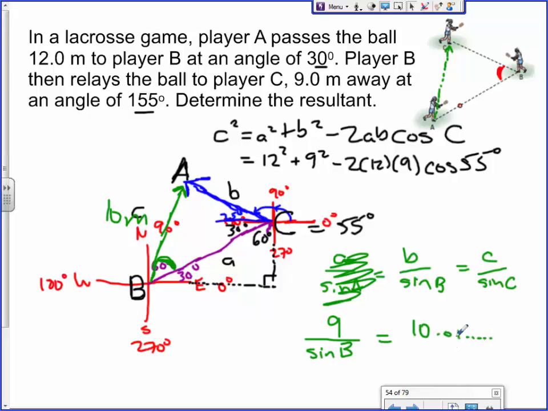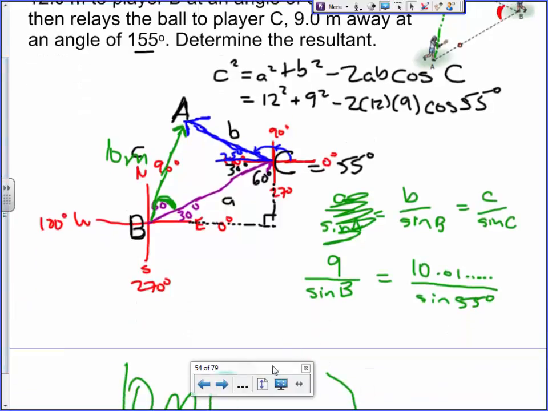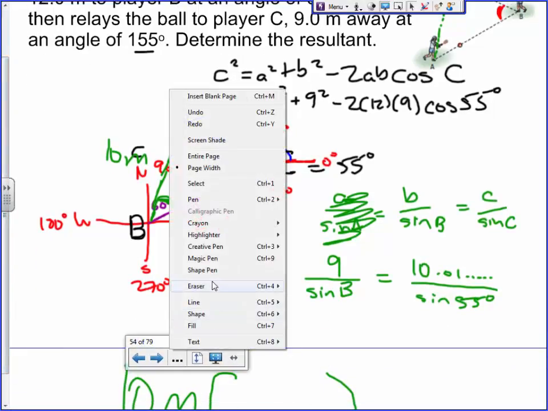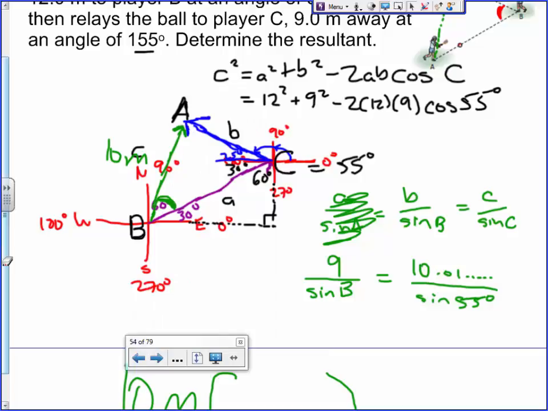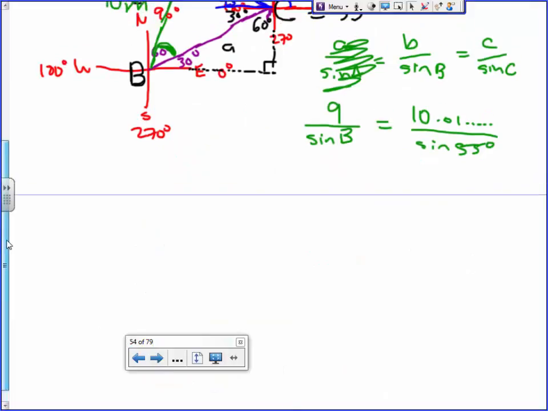Okay, so make sure whatever that value is, we use that whole value. And then we're going to divide by the sine of capital C, which we earlier said was 55 degrees. We'll come back to that in a second.